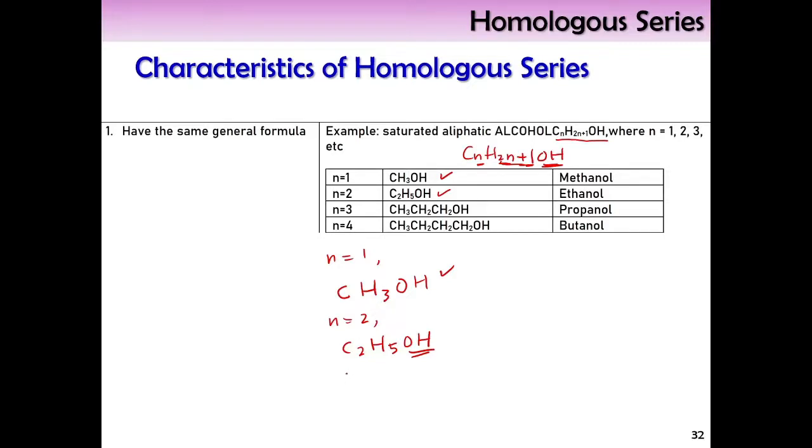Supposedly you should see it like this: CH3CH2OH. But it's the same thing. Carbon is still 2, hydrogen is still 5, 3 plus 2, and one more OH. So that's what I mean by the same general formula, CnH2n+1OH.